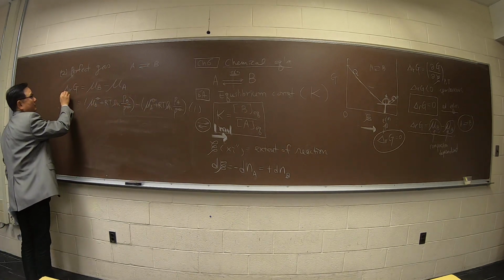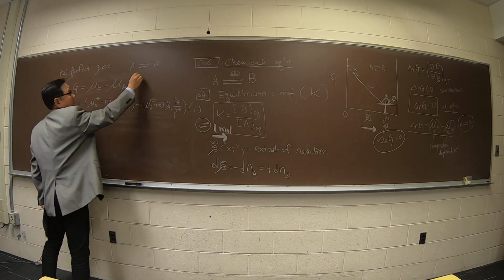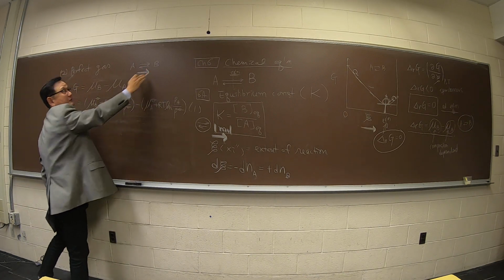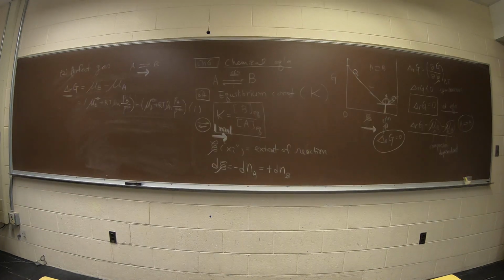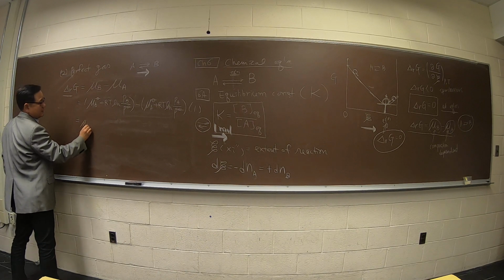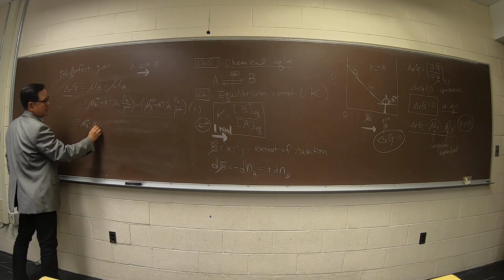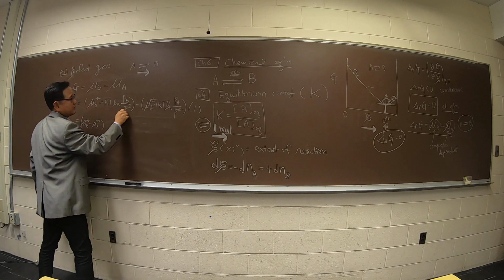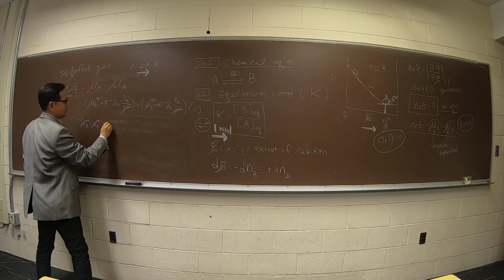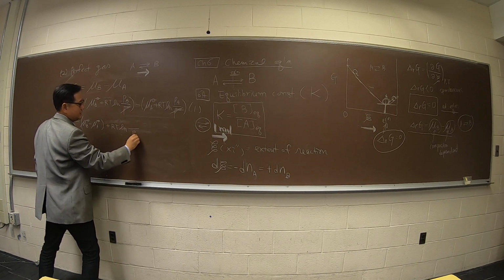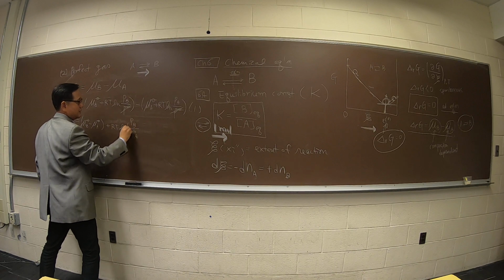In particular, when we see delta R, we are assuming a before and after scenario going forward, and that's my reference point. So what I end up with is mu B naught minus mu A naught. Okay, that's the term. And these two terms go away, and I only get RT ln of PB over PA.